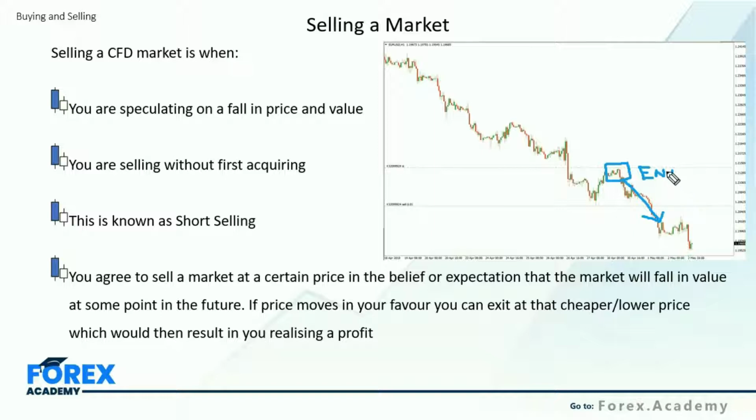And if that's the case, we might decide to get out at this level. So we can exit this sell trade at a lower price, and as a result, we'll be able to realize this much profit in that particular trade. So this is our profit margin between our entry and our exit.